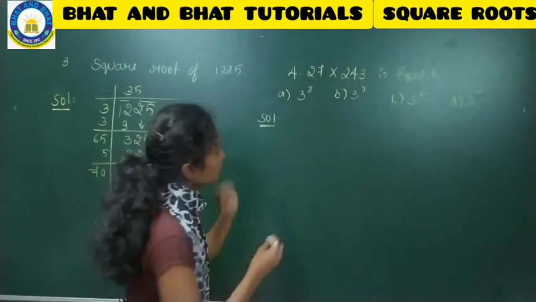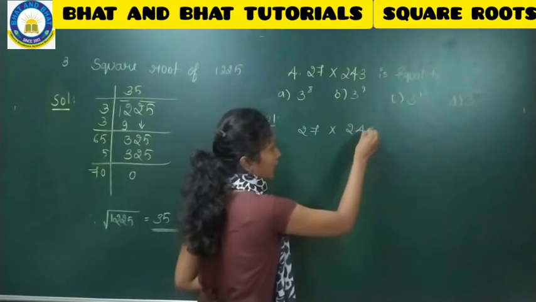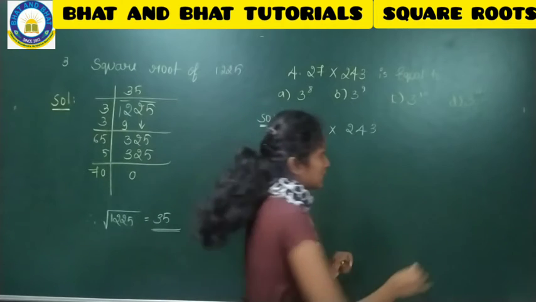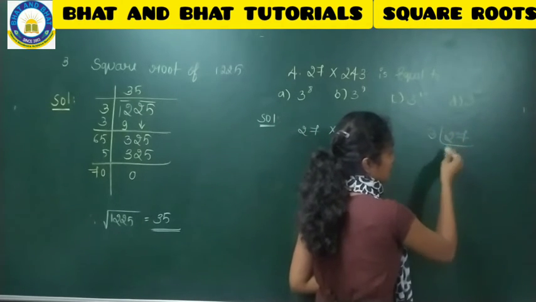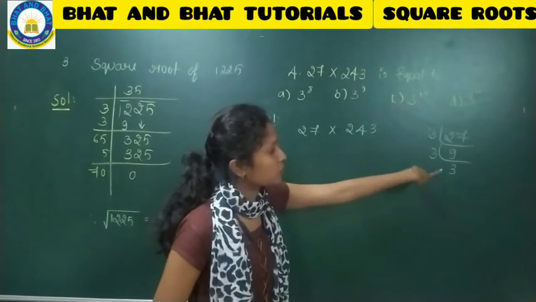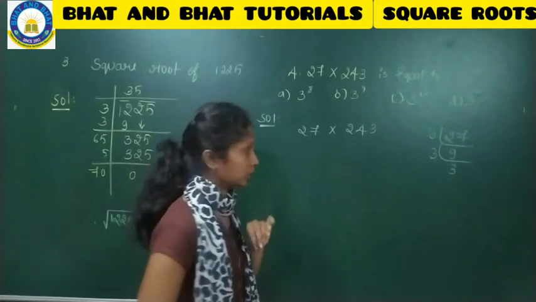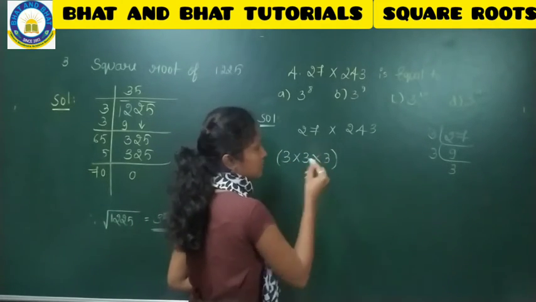Take the first number, 27, and 243. Two numbers you are having, correct? So take 27, go under the prime factorization method. 3 9s are 27, 3 3s are 9. So here as you observe, 3 is there thrice.